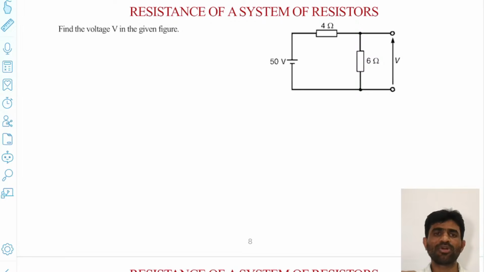Here they are asking only for the potential difference across 6 ohms. It's not another battery, it is the same battery. Got an idea what to do and how to find it?